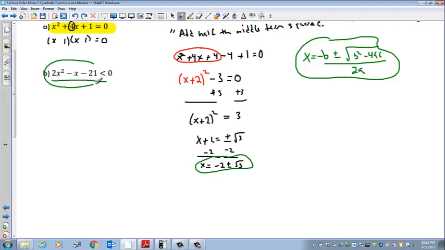We can figure out when this thing is equal to 0, and then we'll figure out when this thing is actually positive or negative. So let's factor it. It's actually not too hard to factor. It has to be equal to 2x plus or minus some number times x plus or minus some number, if we can factor it. We want this to be less than 0. And here, the 21 tells us it's probably 7 and 3.